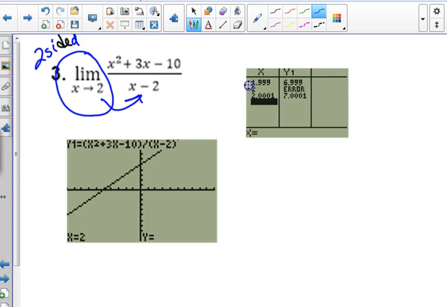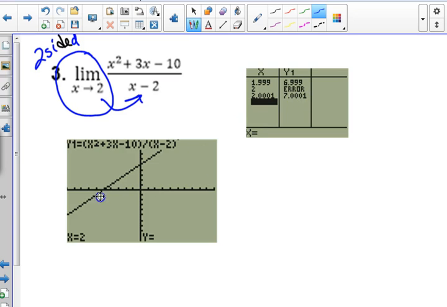If I type in 1.999 or 2.001, what happens? Okay, for the first time, I'm hearing a lot of discussion about whether it exists or not. Everybody's okay with that? There is no value. It's undefined at 2.